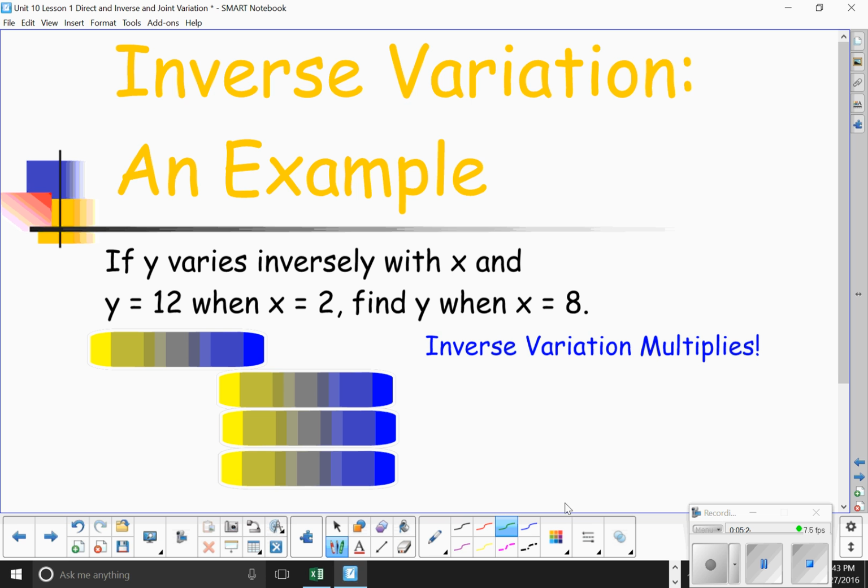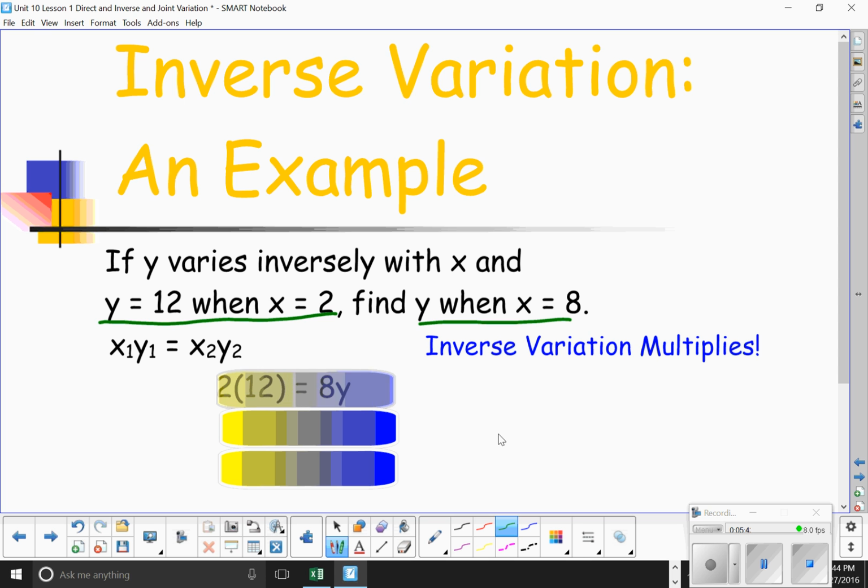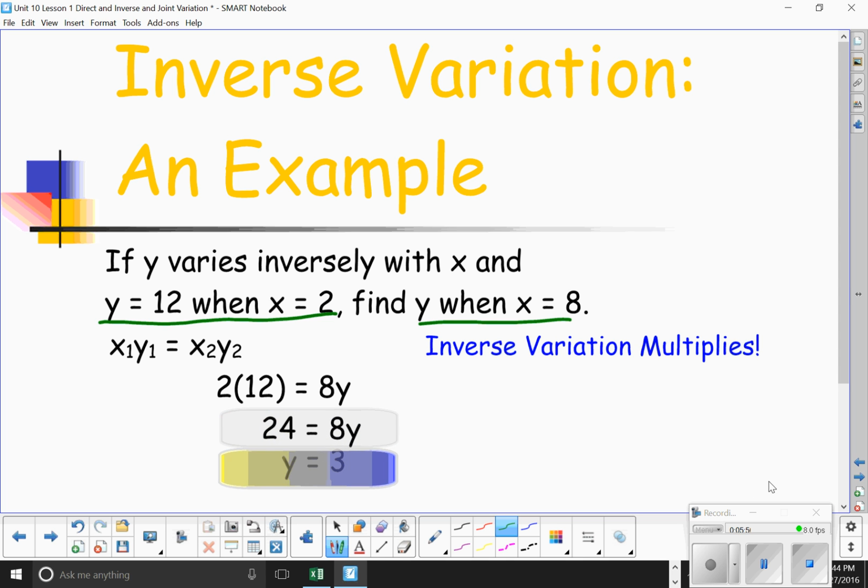If y varies inversely with x and y equals 12 when x equals 2, find y when x equals 8. Well, remember that x1 y1 equals x2 y2. So I multiply these two together and these two together, and then I solve for my unknown. I have 2 times 12 is equal to 8y. That means that 24 is equal to 8y, and therefore y must be equal to 3.